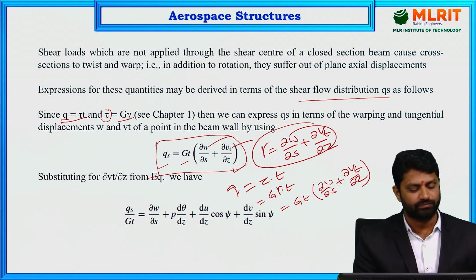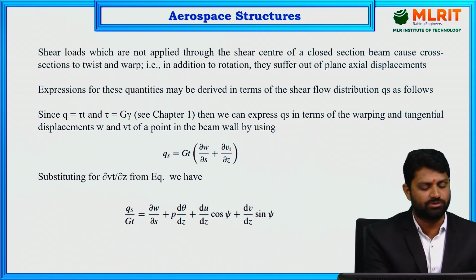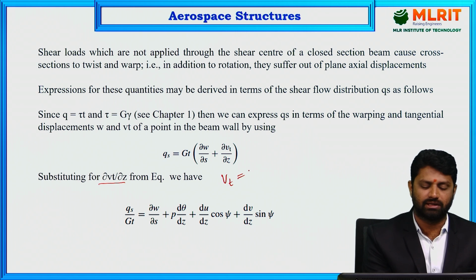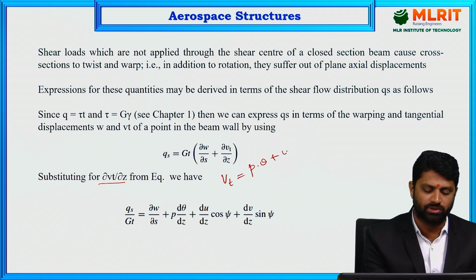Also, for substituting for ∂Vt/∂z, from the previous sessions we have seen the formula for Vt, that is p into theta plus u into cos psi plus v into sin psi.